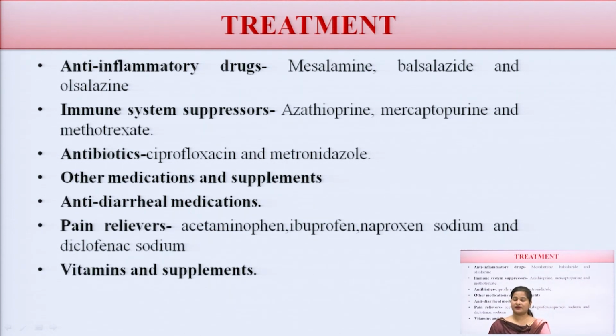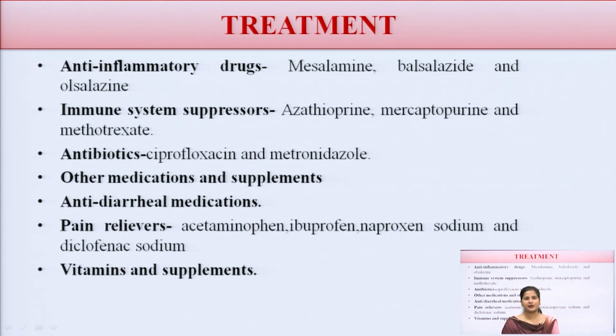Now, the treatment. There are many drugs available for the treatment of these IBDs. There are anti-inflammatory drugs, such as mesalamine, balsalazide or olsalazine. Immune system suppressors are azathioprine, mercaptopurine and methotrexate. Antibiotics are ciprofloxacin and metronidazole.